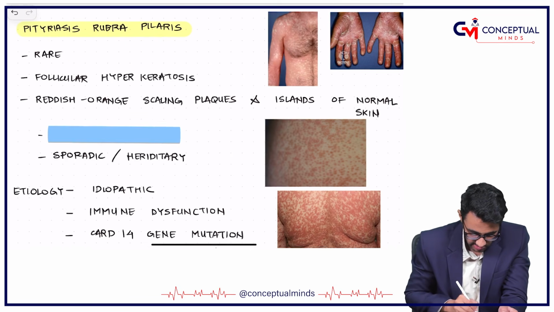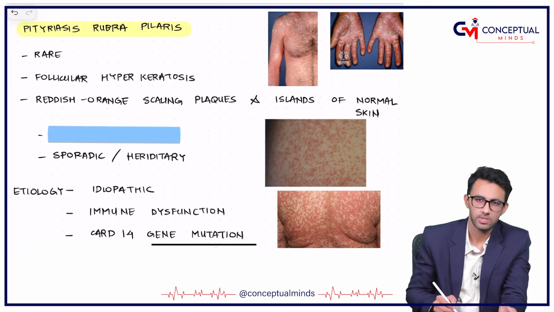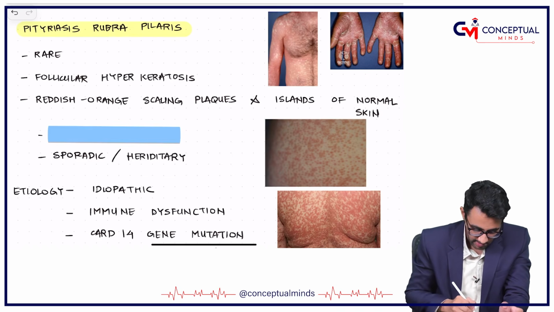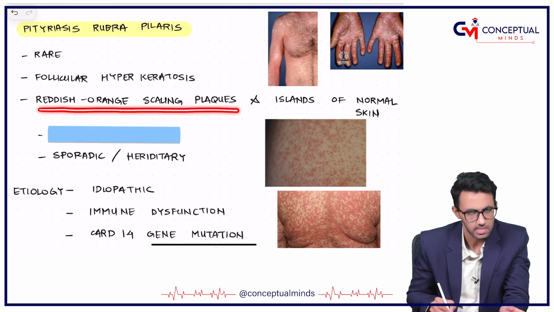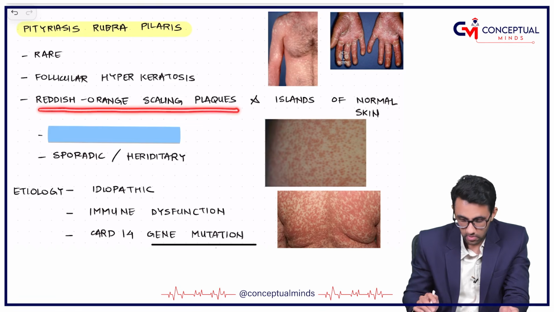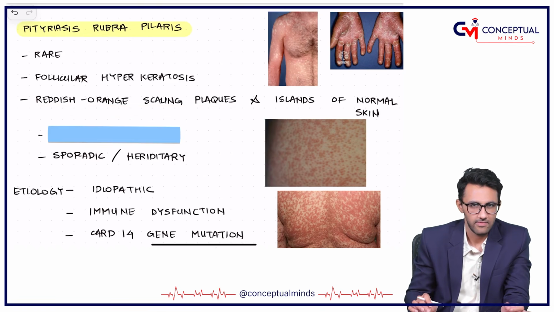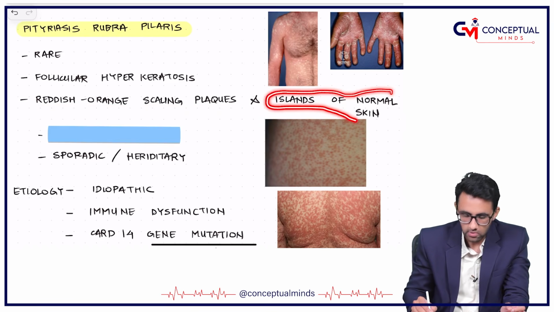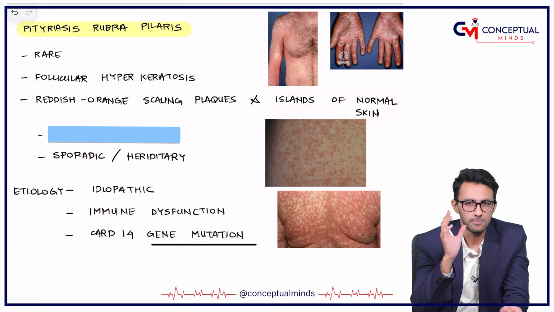Okay, so let us get to it. It is a very rare finding, and first of all, it is follicular hyperkeratosis. Because of this we have extremely scary lesions on the hands and feet. Rubra means red, so red orange scaly plaques are seen. And the most important thing, a very clinically demarcated thing, is that we have islands of normal skin, islands of sparing.